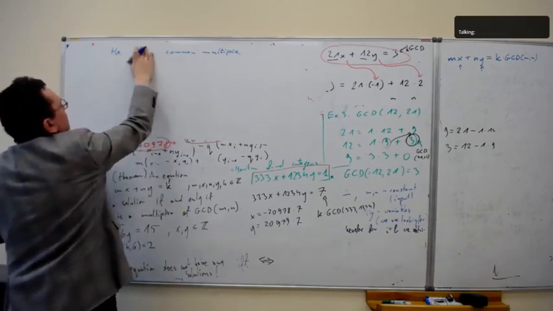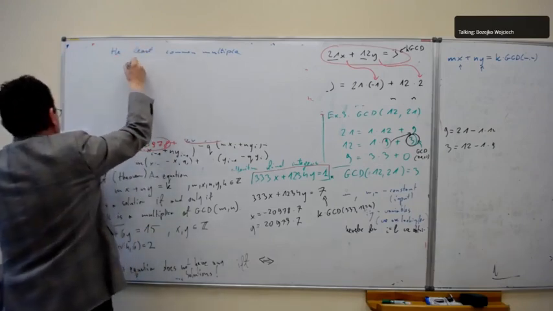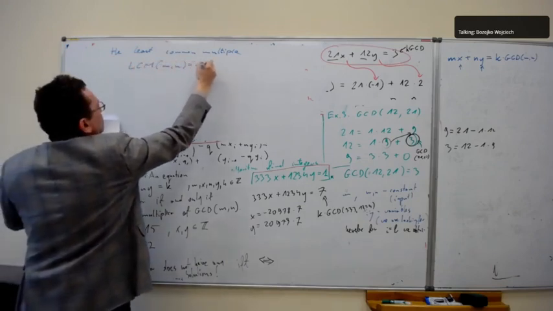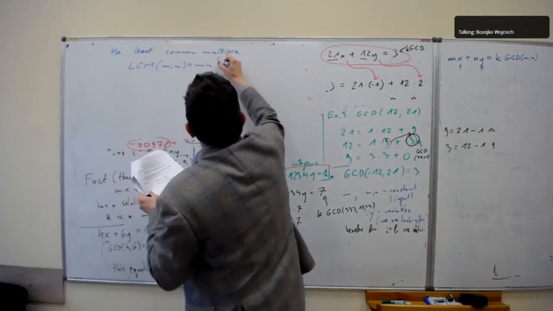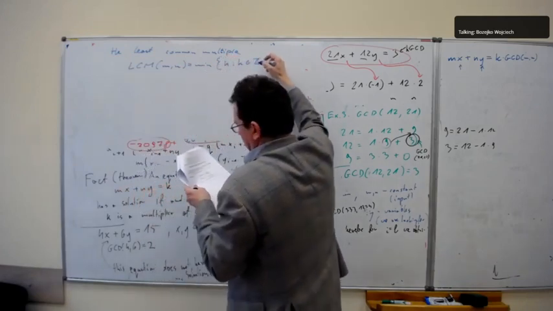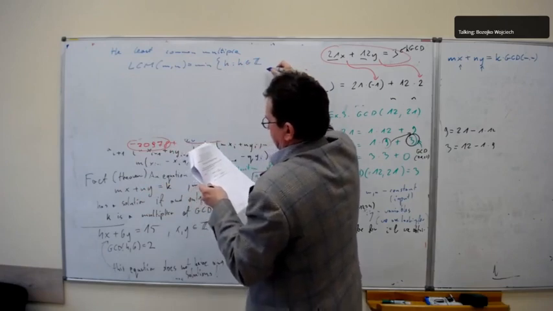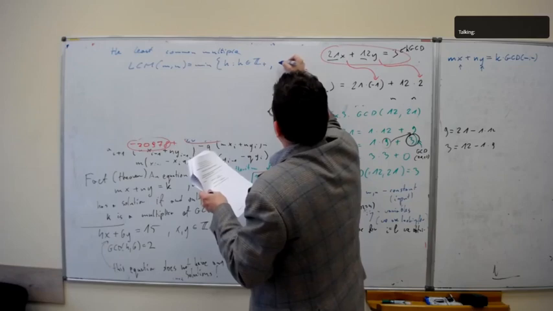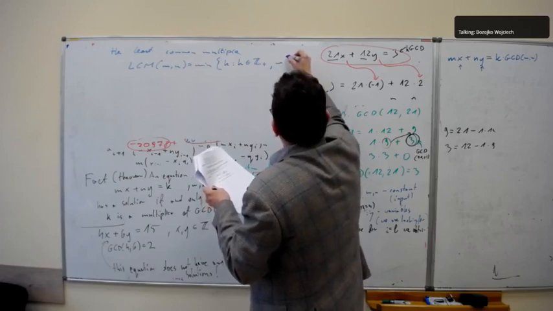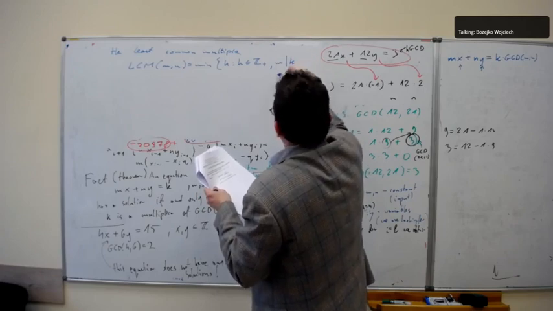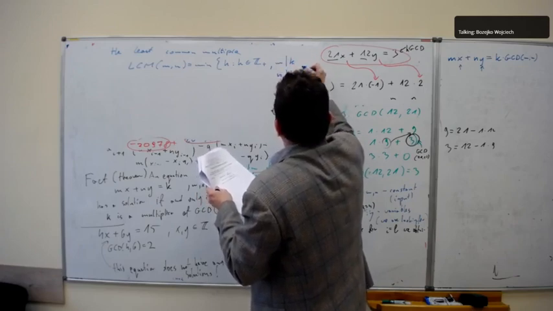The least common multiple of m and n. So this is the minimal such number k, an integer, the only positive, so in fact natural, that m divides k and n divides k.